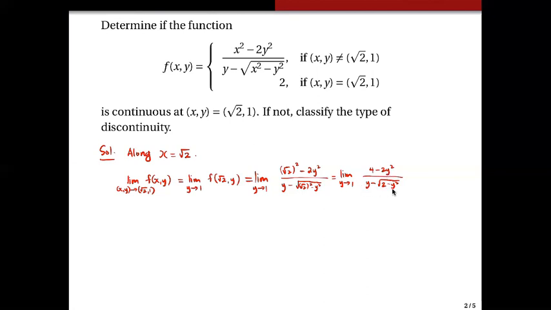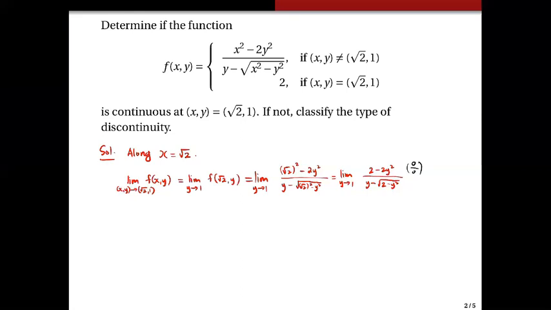And on the denominator, why is this 4? This should be equal to 2 also. So we will have 2 minus 2 times 1, so that's 2 minus 2 in the numerator, which is equal to 0. And then on the denominator, we will have 1 minus square root of 2 minus 1, so 1 minus 1, which is equal to 0. So here we have 0 over 0.